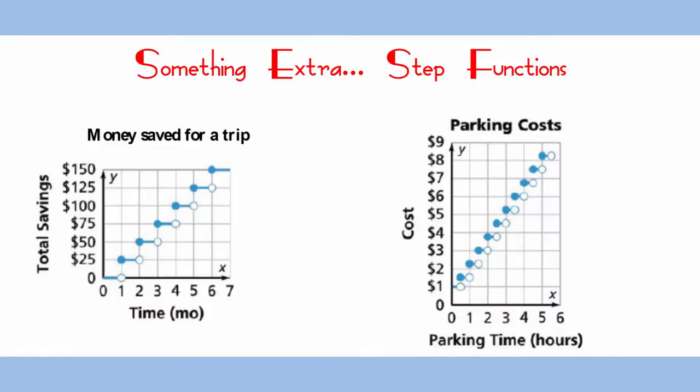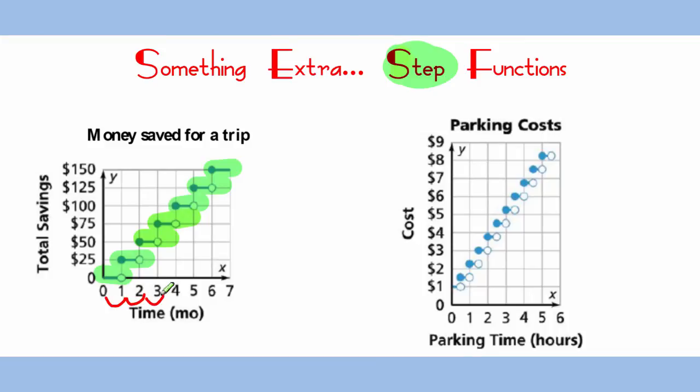So something extra that I want to show you, the step function. As you can see from the picture, it is basically a graph that looks like steps that you are stepping on. So now let's take a look at what exactly a step function is. This is a graph that shows the money someone saved for a trip in months. As you can see, it's being recorded every month from 1 to 2, 2 to 3, 3 to 4, and so on.